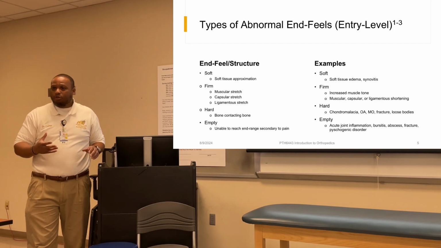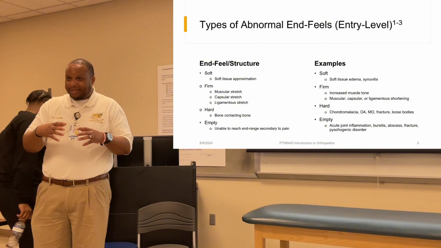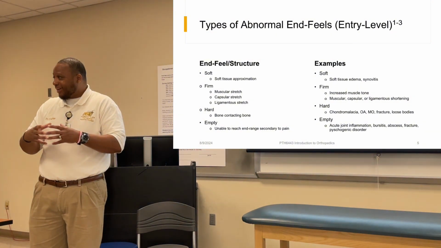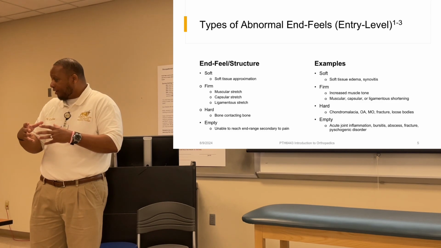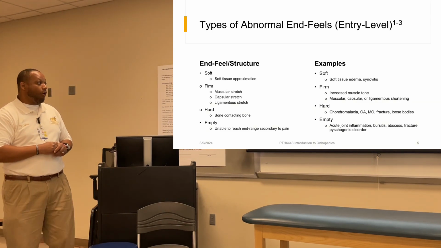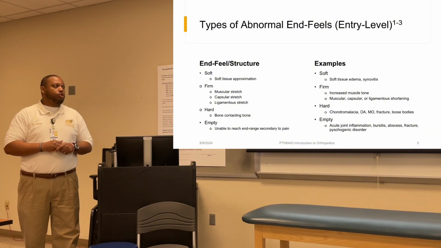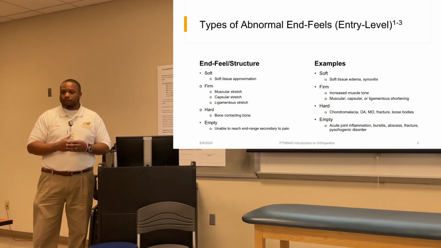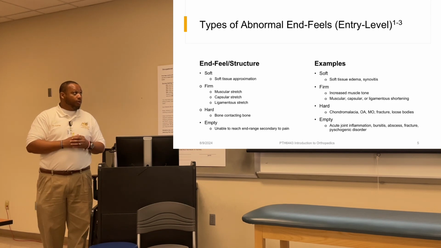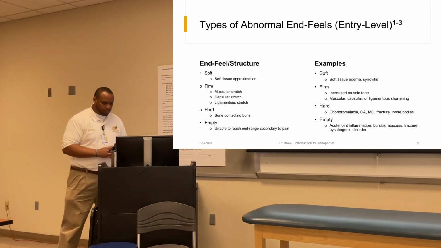And what can happen is you can get calcium deposits within the muscle, and the muscle becomes calcified, fibrotic, and also shortened. That's the case where you can also get hard end-feel, and then also loose bodies within the joint can present with an abnormal end-feel.